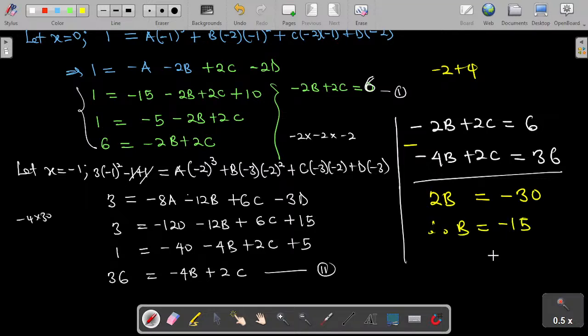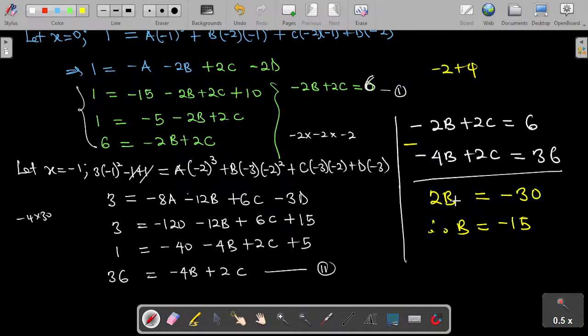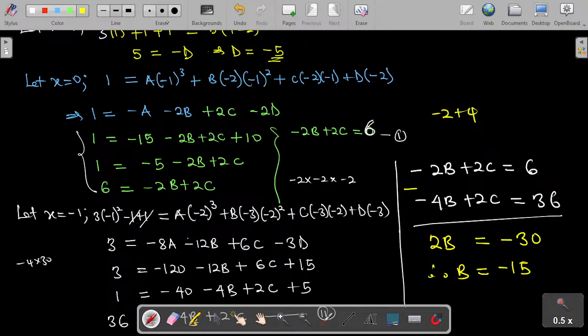So finally, to get our c, we can substitute into any of the equations. Maybe we can do it up here. So if we substitute our b as minus 15, that is going to give us minus 2 times minus 15 plus 2c is equal to 6.